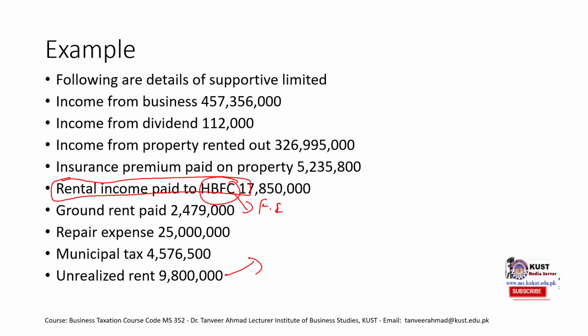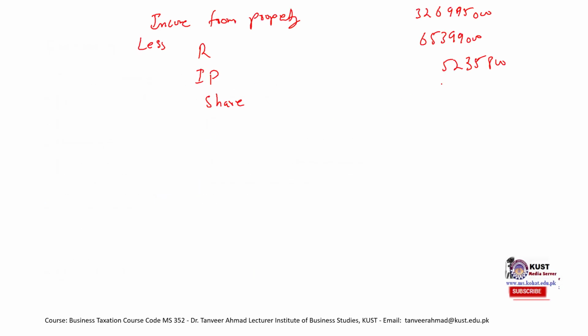It is a bank, and the rental income paid to this bank is basically the share in the rental income. Although this is not explicitly mentioned over here, from an exam perspective, it would be explicitly mentioned that it is a share in income. So this amount is again a deductible allowance.